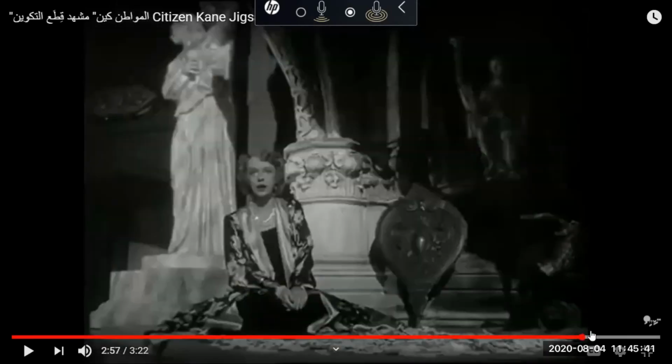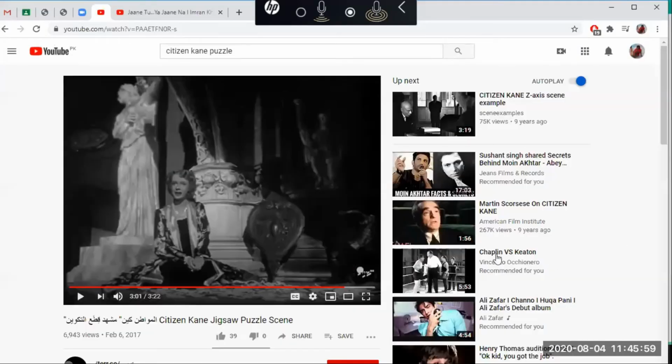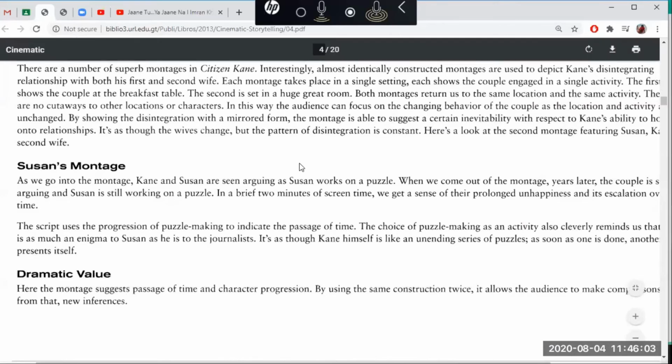Okay, so that's why I said that in this montage, he's showing similar situations, the same kind of identical situations he has used to develop the montage and to show change in time. All right.